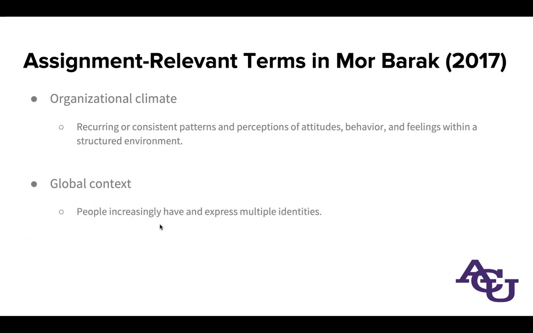And part of that is that people increasingly have and express, so we can see them, multiple identities. They may also have other identities, perhaps on the internet, that we don't see, but still factor into things.